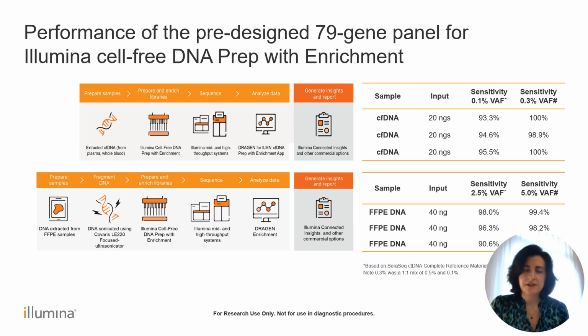Now, on the left-hand side, you can see the workflow steps depicted. And as I said before, the workflow is fully compatible with FFPE, and the only difference, you would need one additional step to perform DNA fragmentation after you extracted it from your FFPE material.